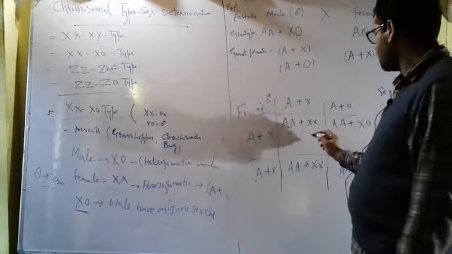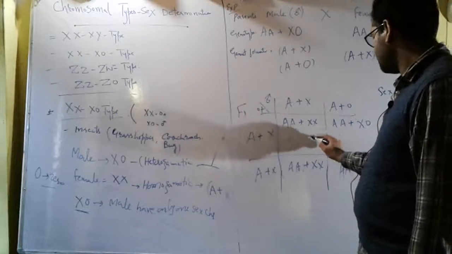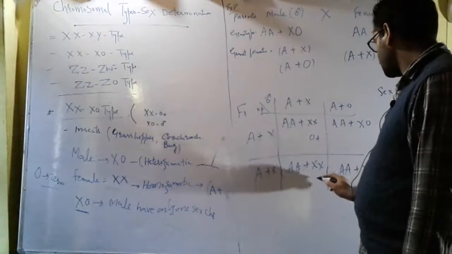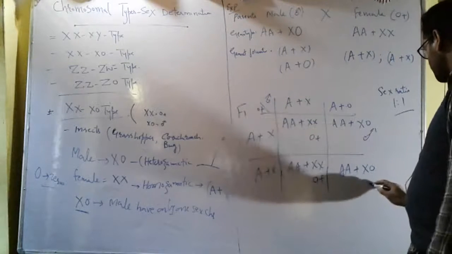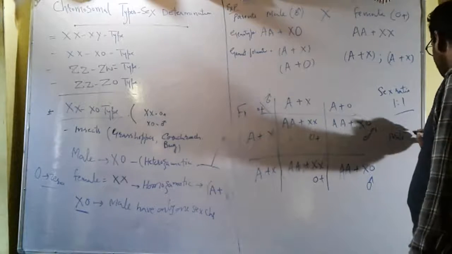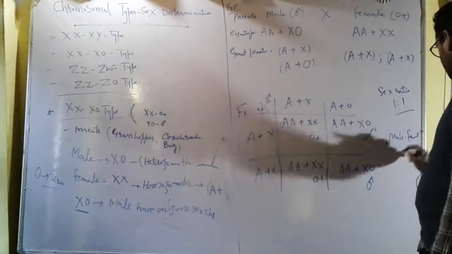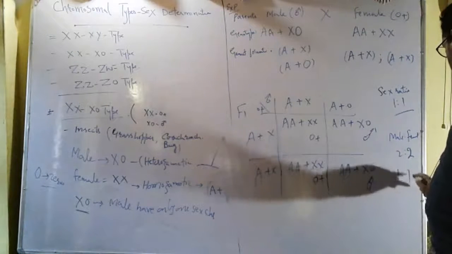So XX, we know, is female, and X0 is male. So male to female is 2:2, that is 1:1.